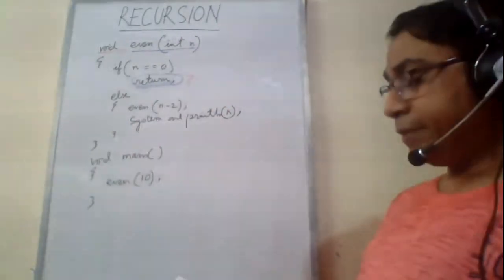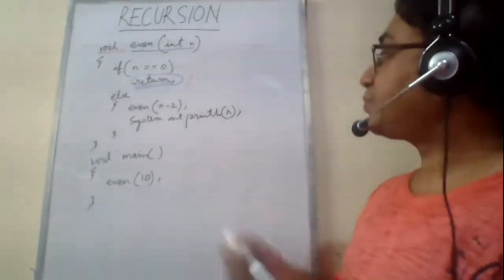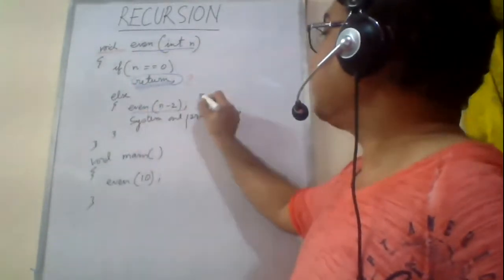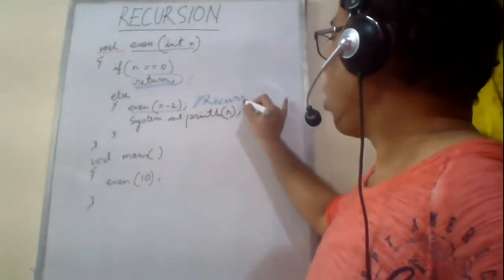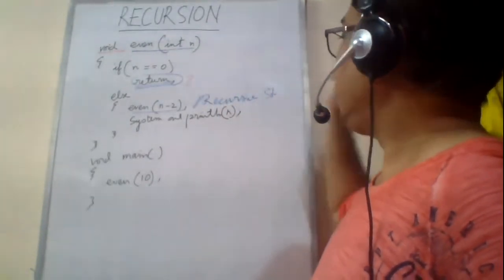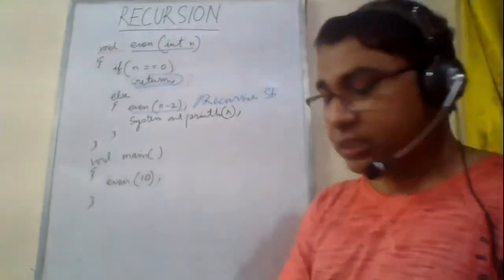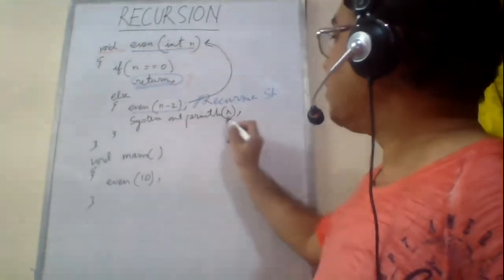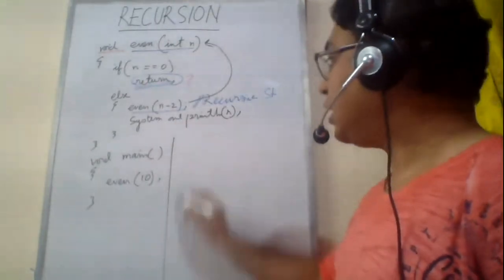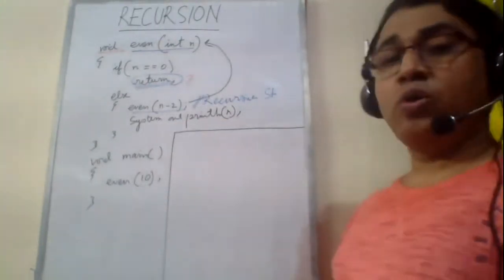Now see over here, in this function, this is our recursive statement. So I have a recursive statement first, and then we have a print statement. Let us see how this concept works.